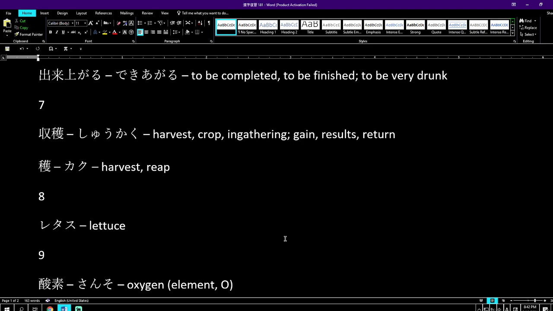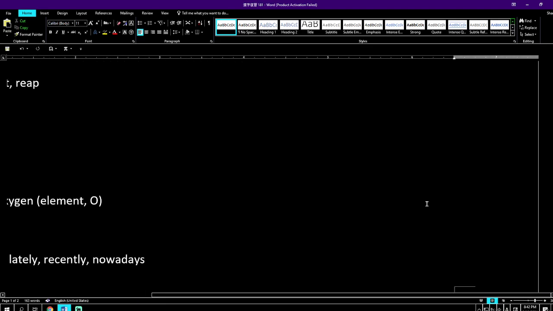Sanso is oxygen. The element oxygen is sanso.